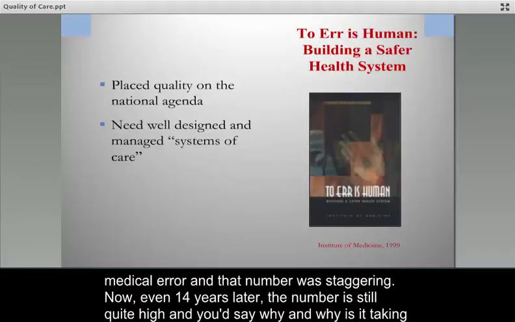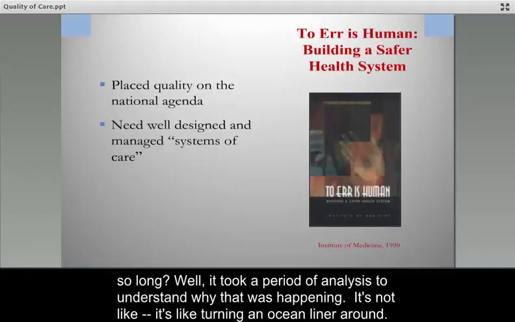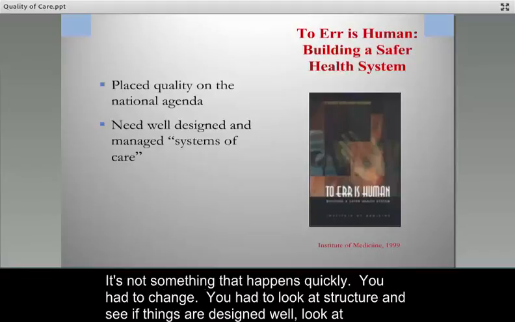And you'd ask why it is taking so long. Well, it took a period of analysis to understand why that was happening. It's like turning an ocean liner around; it's not something that happens quickly. You had to look at structure and ask, are things designed well? Look at processes.